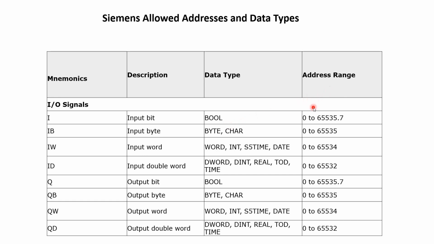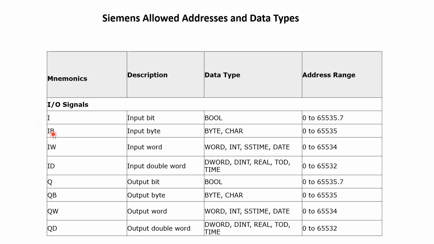The range is from 0.0 to 65535.7. As I showed you in the first slide, the first default address in that digital input card can be I0.0, such that the last input address will be I1.7, because that card was a 16-bit card.